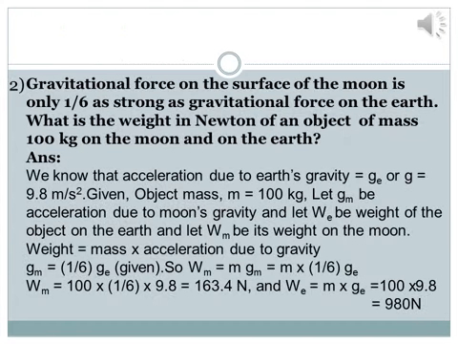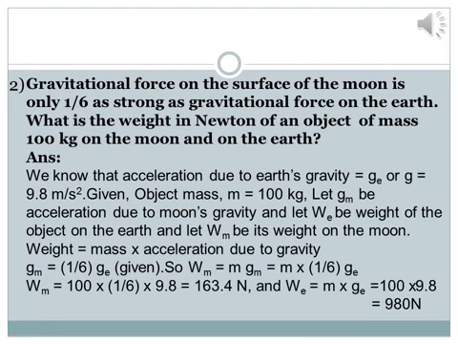And second question is, gravitational force on the surface of the moon is only 1 by 6 as strong as gravitational force on the earth. What is the weight in Newton of an object of mass 100 kg on the moon and on the earth? What should be its solution? We know that acceleration due to earth's gravity Ge is equal to 9.8 meter per second square.